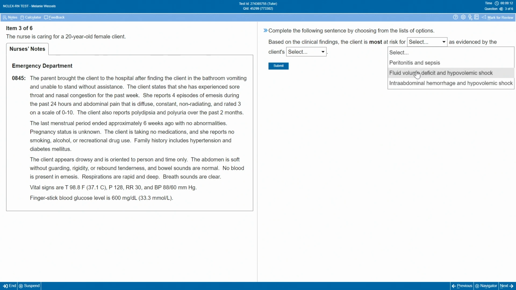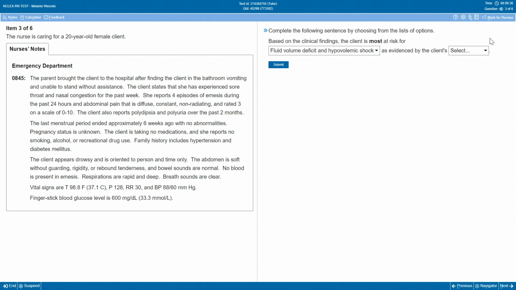There's a lot of fluid changes in DKA, and you can really easily get hypovolemic and dehydrated. Intra-abdominal hemorrhage and hypovolemic shock. Hemorrhaging is not as appropriate for DKA, but abdominal pain definitely is. I can see why something intra-abdominal may be related, but we'll click fluid volume deficit and hypovolemic shock. It just seems to be the one that fits the best.